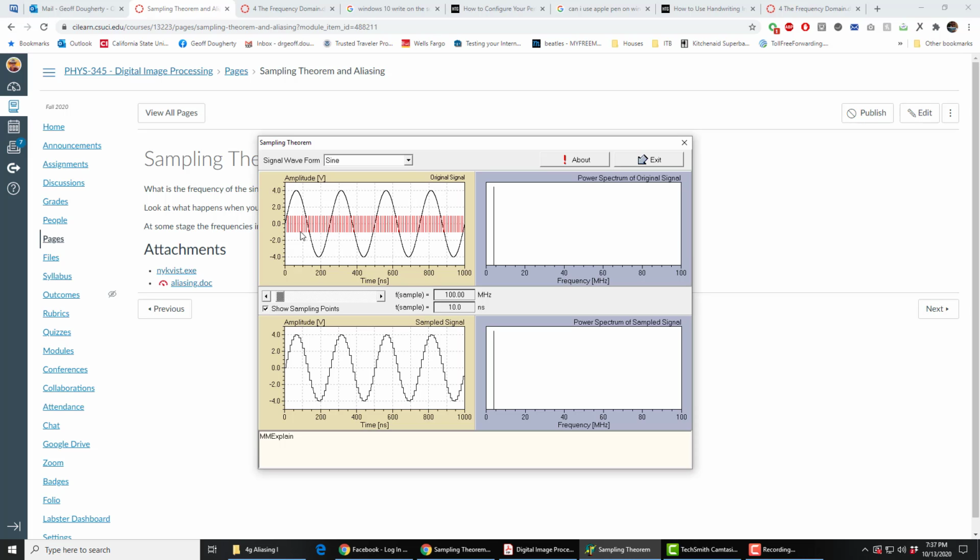What is the frequency of the sinusoid that we're trying to sample? Its frequency is given by the inverse of its period. Its period is the time up to here, 250 nanoseconds, and if we invert that, 1 over 250 times 10 to the minus 9, we get 4 times 10 to the 6, 4 megahertz.